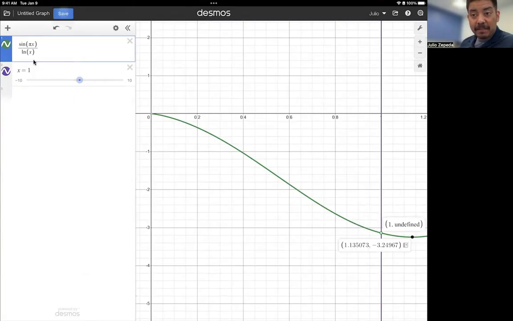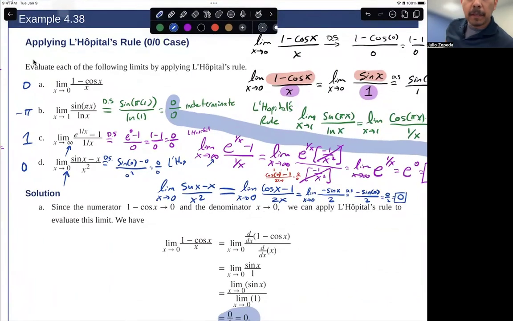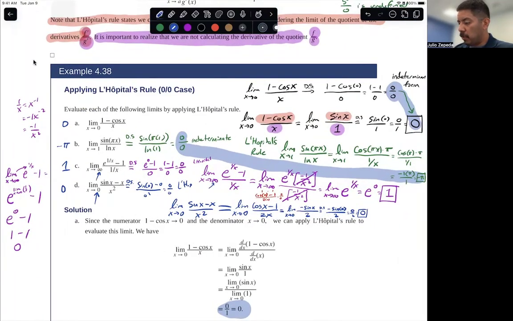The function is undefined when x equals 1 because the natural log of 1 in the denominator is equal to 0. But the limit is approximately negative 3.14. So it's negative pi. Nice. That's not too bad.